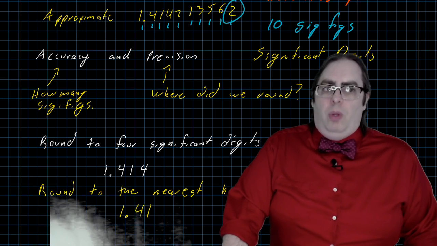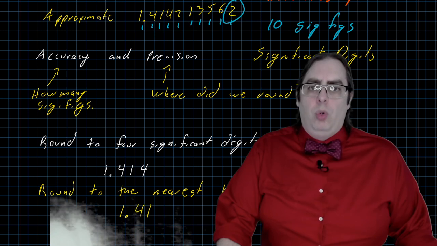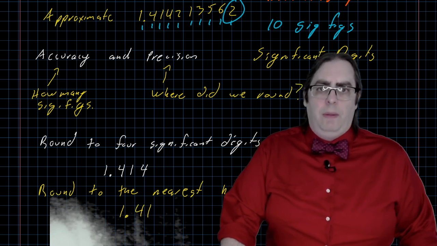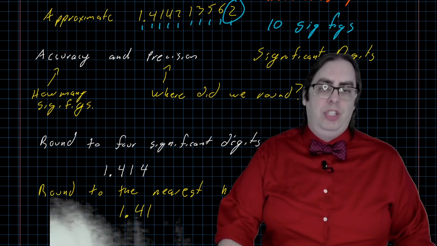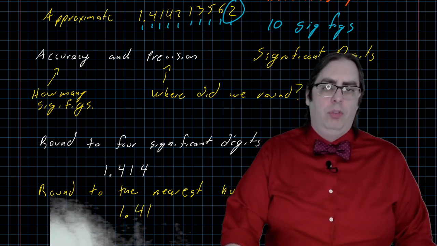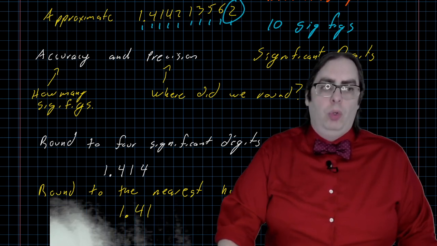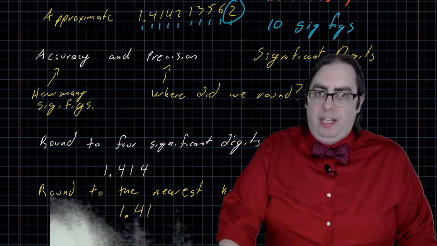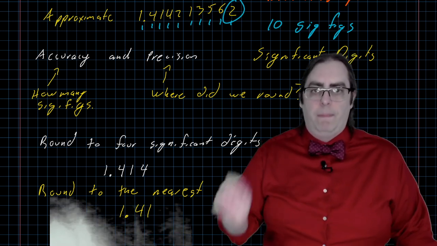And so one of the things that we're going to pay attention to as we go through this course is understanding what kind of accuracy and precision we should have based on the measuring tools that we've used. Right? If you're measuring something using a ruler that's marked to the nearest eighth of an inch, then you have precision of the nearest eighth of an inch.